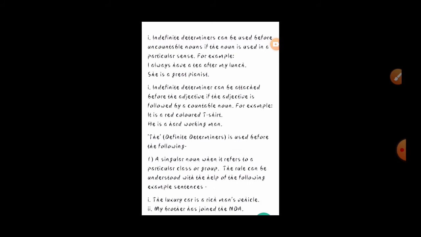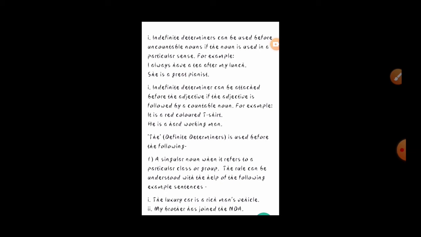That means indefinite determiners, a and an, as I said earlier, can be used only in case of countable nouns, but they can even be used in case of uncountable nouns if they are talking about a particular sense. That means not general, that means they are talking about any particular thing or particular sense.